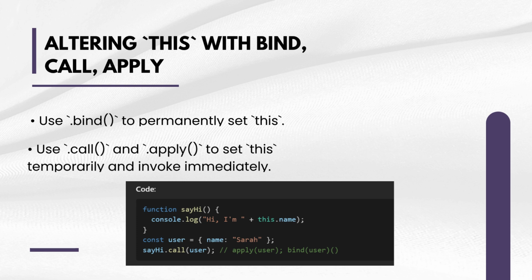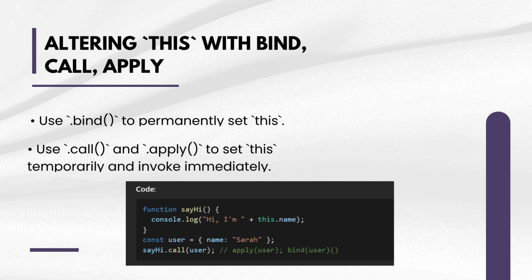Altering this with bind, call, and apply. You can manually control what this refers to using bind, call, or apply. We use bind to permanently set this, and bind returns a new function with this permanently set.